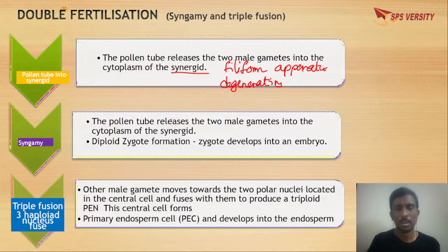So now the pollen tube has released 2 male gametes into the synergid. So what will happen to these 2 male gametes? One male gamete will fuse with the egg cell.